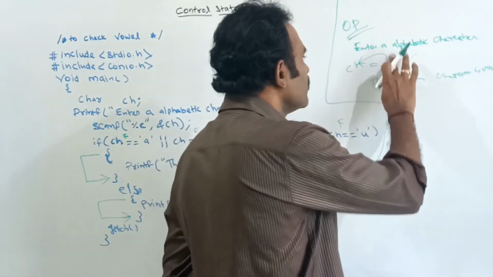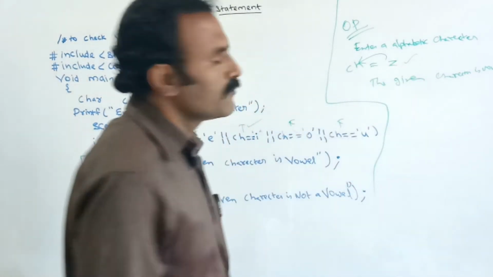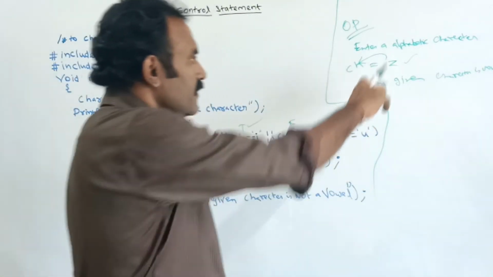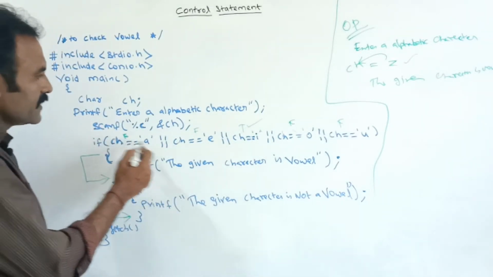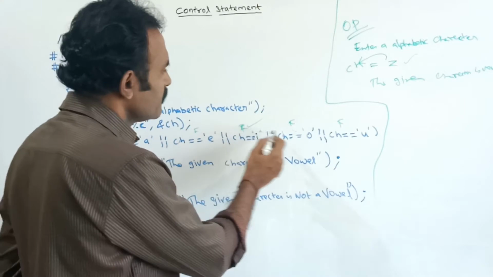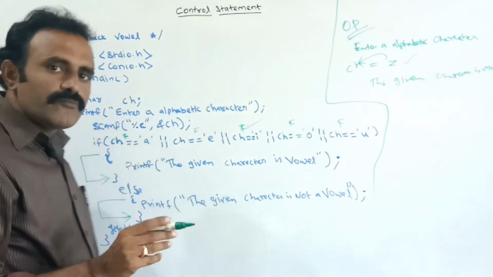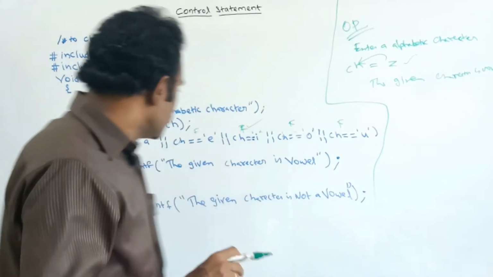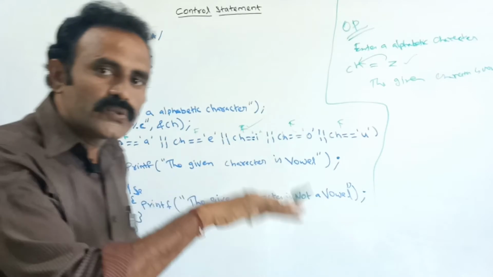Suppose instead of the vowel letter I, I am giving a letter that is not a vowel, I am giving Z. Here it will check, and every condition will be false. So if every condition is false in the OR operator, then the if part will not work, it goes to the else part.